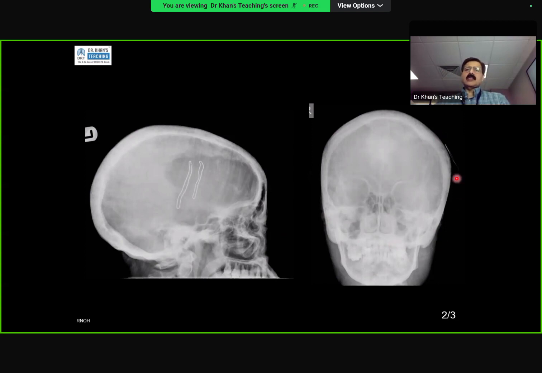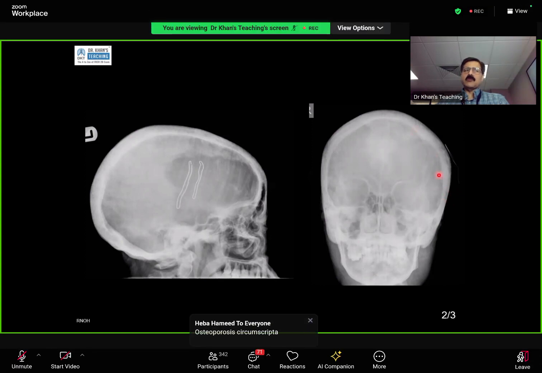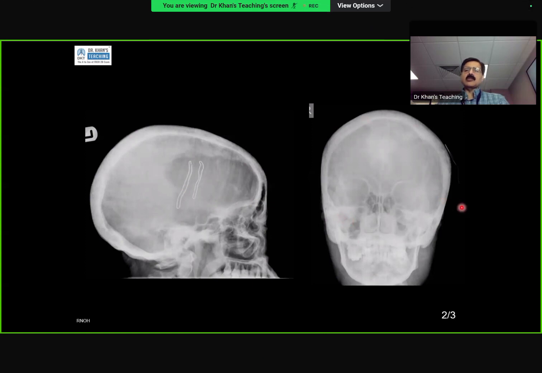So this is Paget's disease, and in Paget's disease there are three phases actually. One is the lytic phase, which is the very active phase. One is the mixed phase, and one is the sclerotic phase, which is very chronic. The key point is that it will cause thickening of the calvarium, and there is a lucency there.